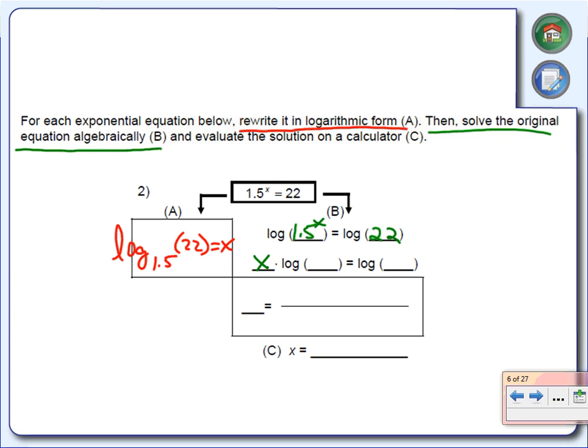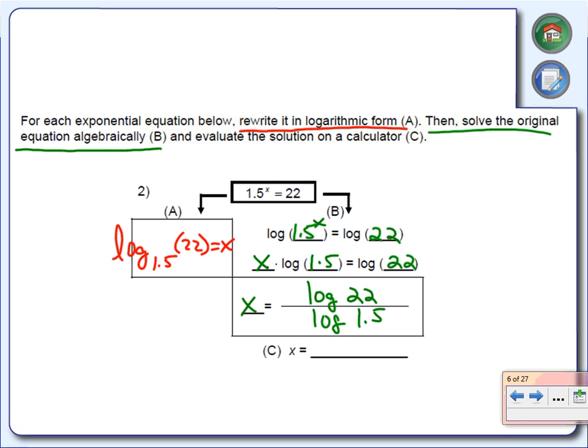So now I've got x times log of 1.5 is equal to the log of 22. And I am solving for x. So if I'm solving for x, I'm going to need to divide. So I'm going to take the log of 22 and divide it by the log of 1.5.